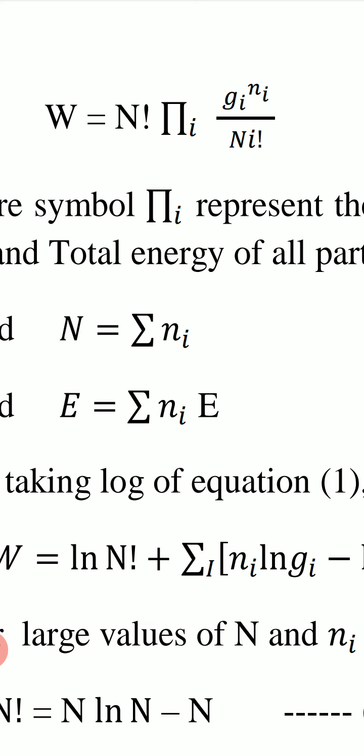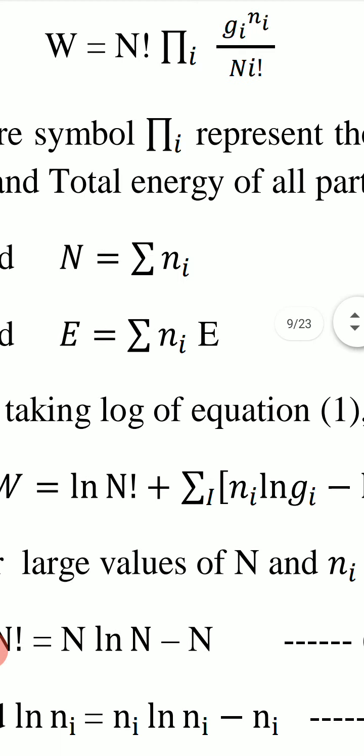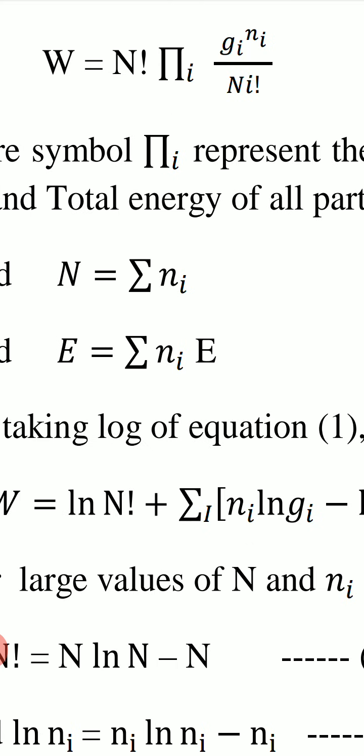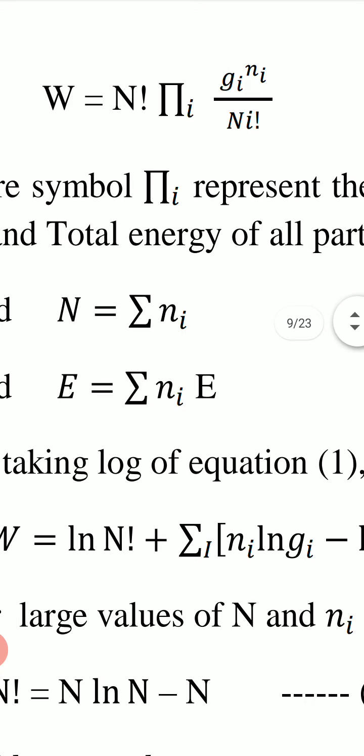So log W will be equal to log factorial N, it is the first term. Then we write plus, and then this pi I is changed to summation I. Since the log of multiplication of several terms like log of a into b into c is equal to log a plus log b plus log c.